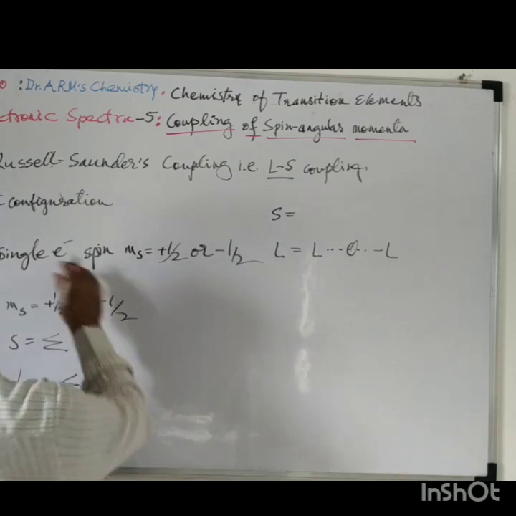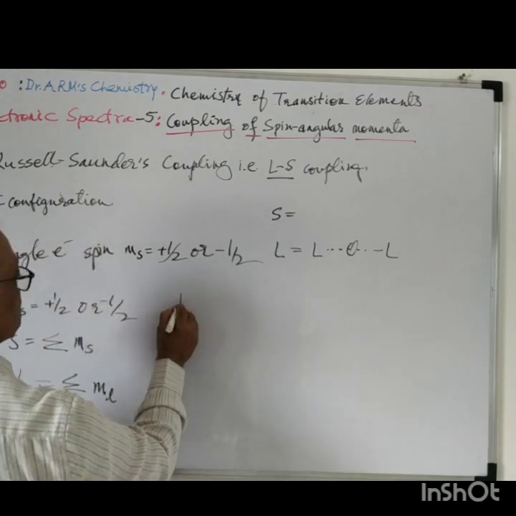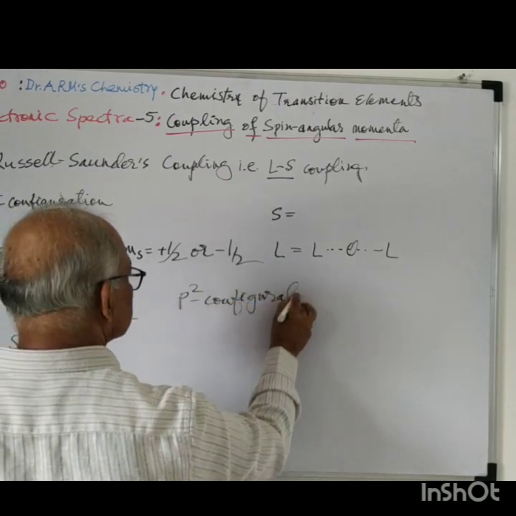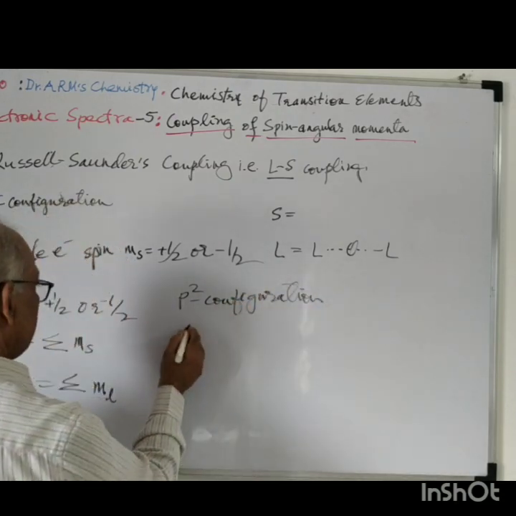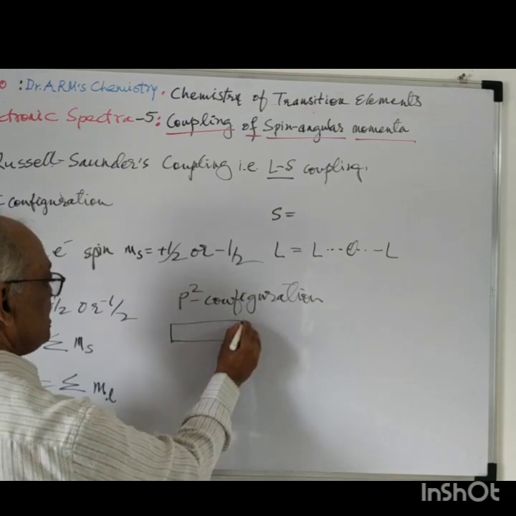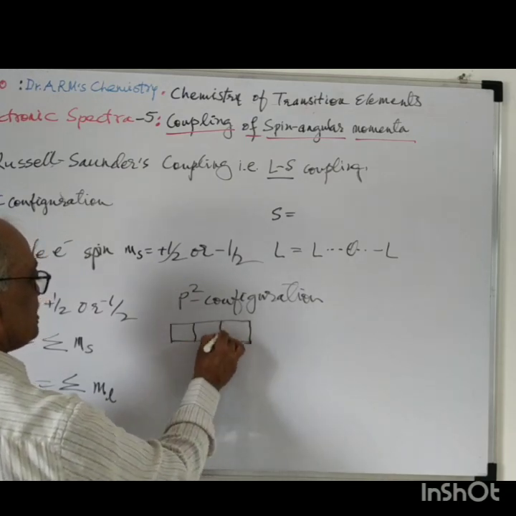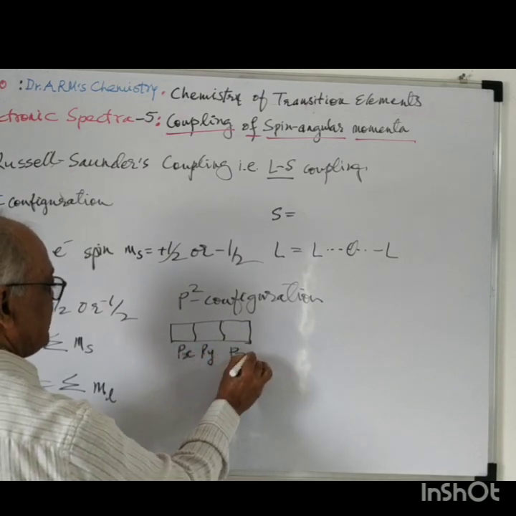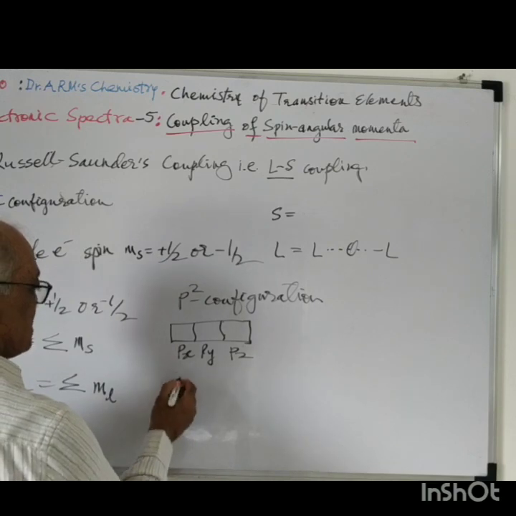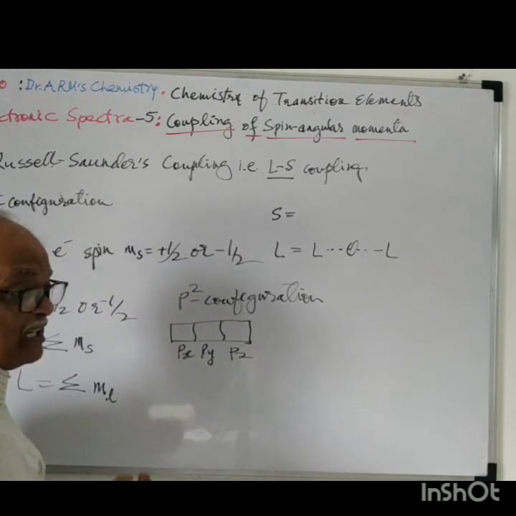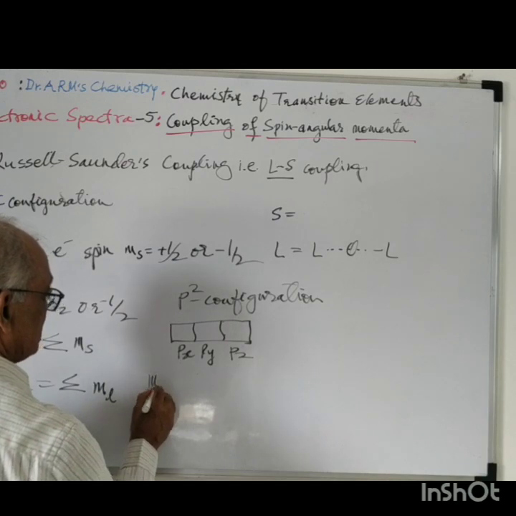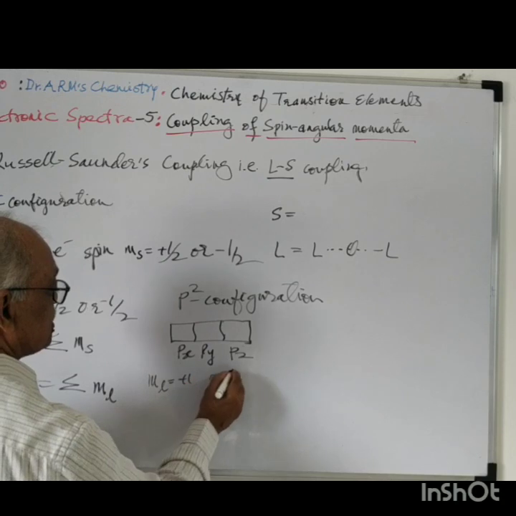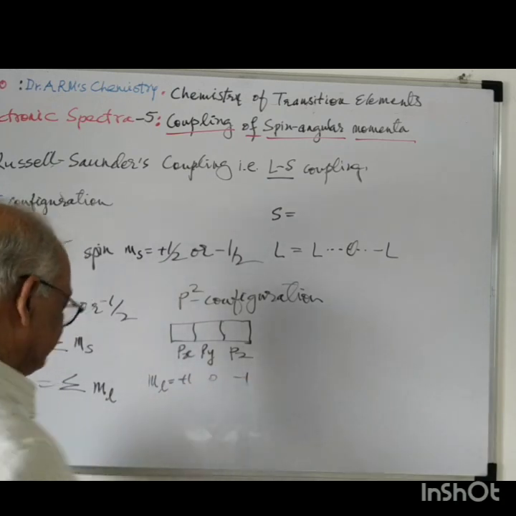So for example, in the case of the p2 configuration, we have the subshell with the px, py and pz orbitals, having their ml values +1, 0 and -1.